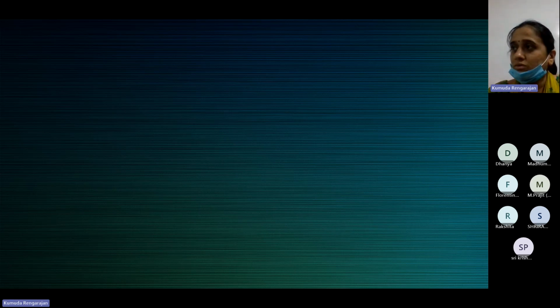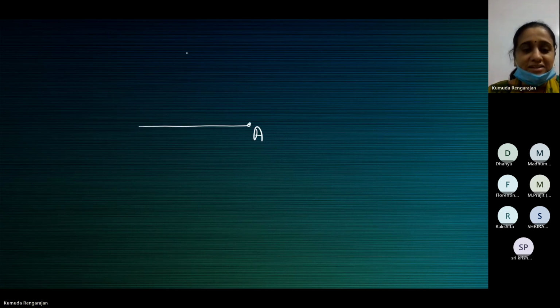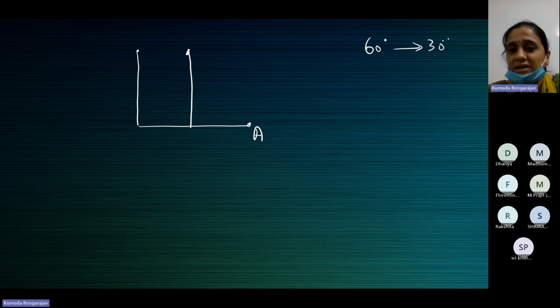I just want to do the diagram again. Ground level, point A, jet plane, height of the plane from the ground, elevation decreases from 60 to 30. That means it's moving away from the observer.